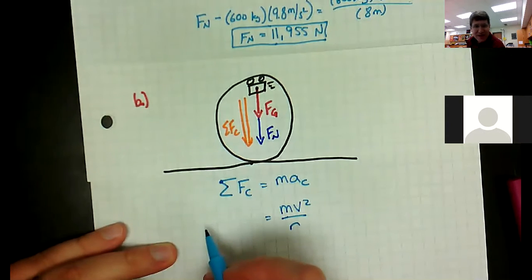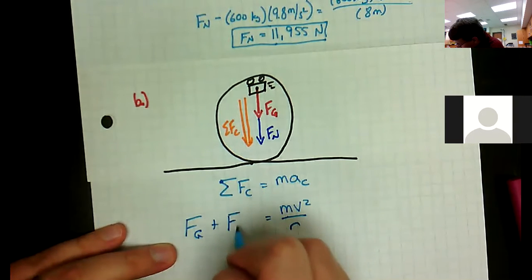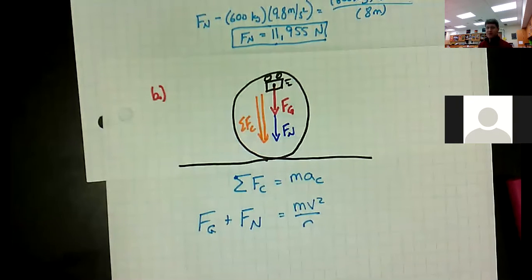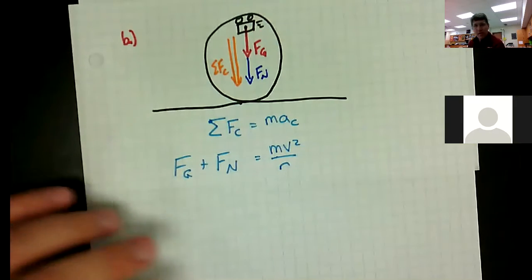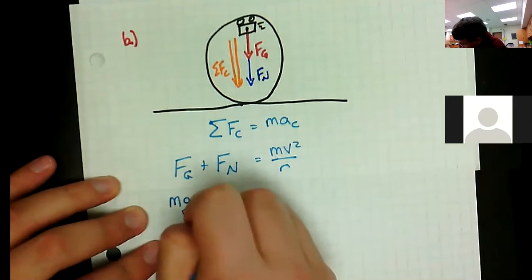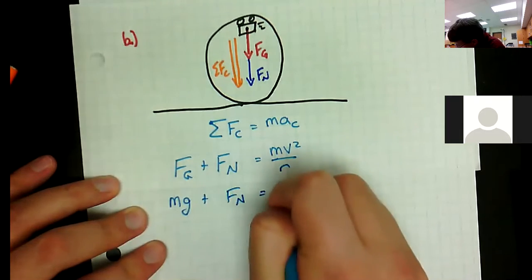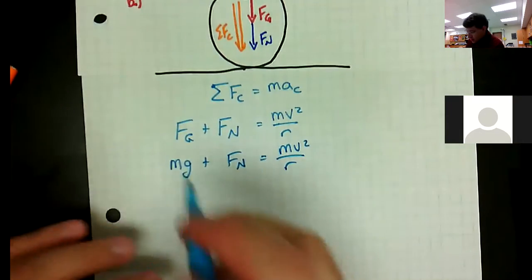This side, though, is now going to become gravity plus normal because they're pointing in the same direction. So I've got mg plus normal force equals mv squared over r.